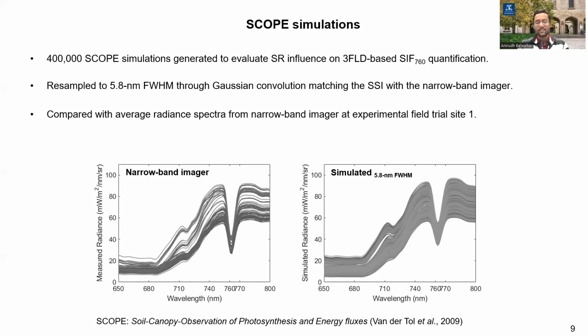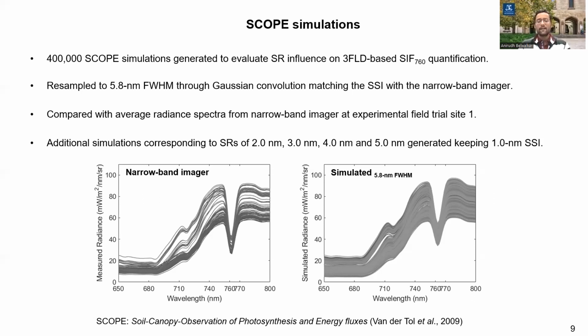So the figure on the left shows the airborne imager collected spectra in the field, and the right shows the finally selected simulated spectra based on the root mean square error cost function, which were used for further analysis. Apart from this, additional simulations corresponding to spectral resolutions of 2, 3, 4, and 5 nanometer were also generated, keeping the default 1 nanometer SSI of SCOPE simulations.